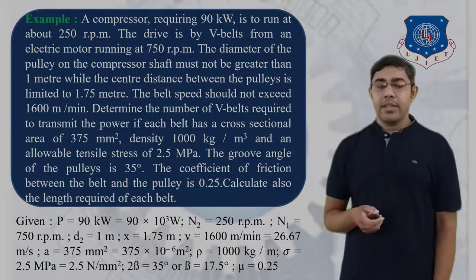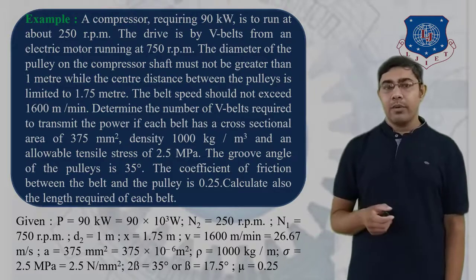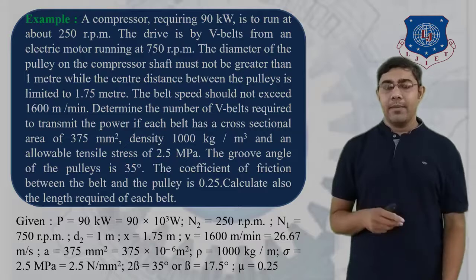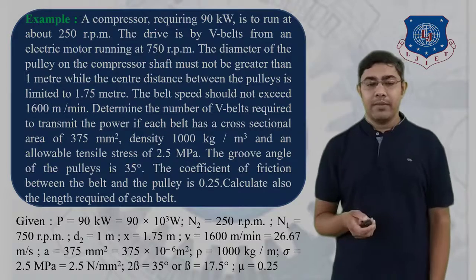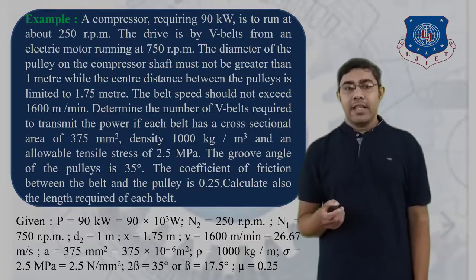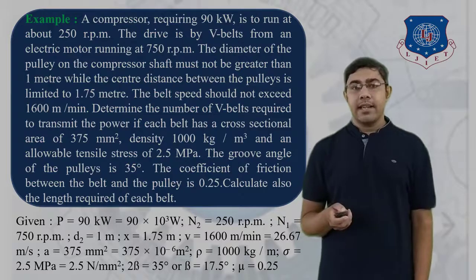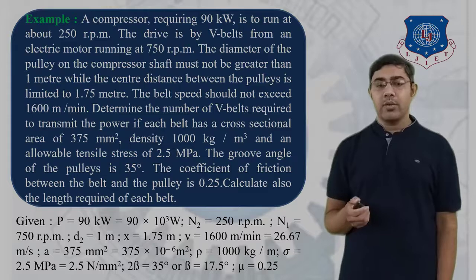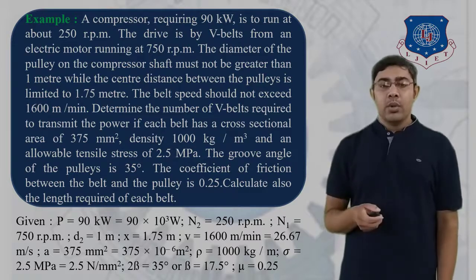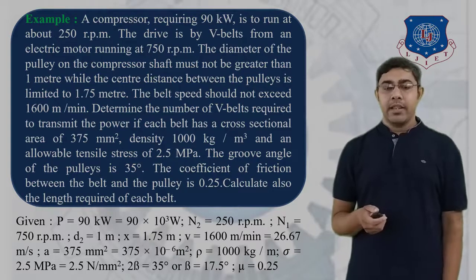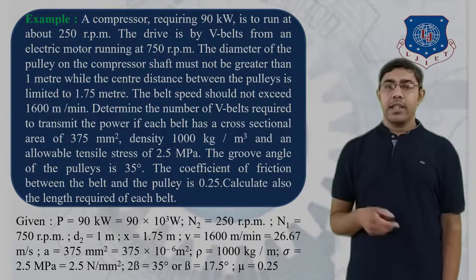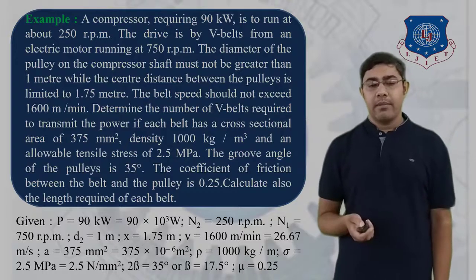The belt velocity V is 1600 meter per minute, which converted into meter per second is 26.67 meter per second. Belt cross-sectional area A is 375 mm square, or 375 into 10 raised to minus 6 meter square. Rho, the density of the belt, is 1000 kg per meter cube. Sigma is 2.5 megapascal, or 2.5 Newton per mm square.